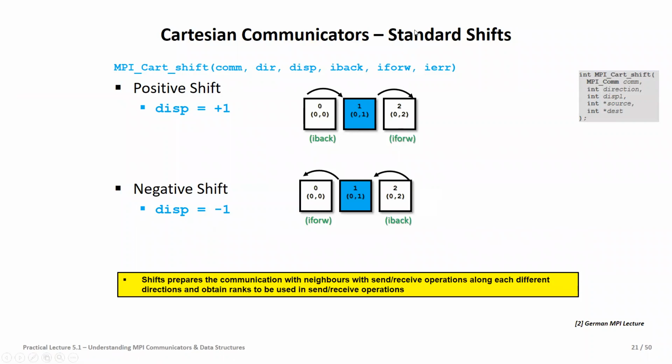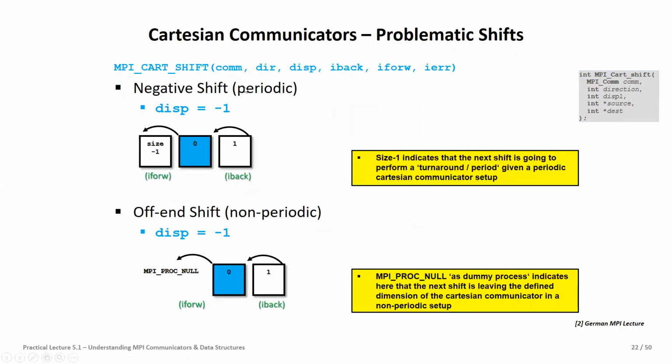Now, the standard shifts that you would do are a positive shift and a negative shift to one direction or the other, and I think that is relatively straightforward to know. What's, of course, a bit tricky is what happens when you don't have a periodic shift. Negative shifts in periodic are, of course, fine, because then you will go back to the processor that has just come around the periodic once again.